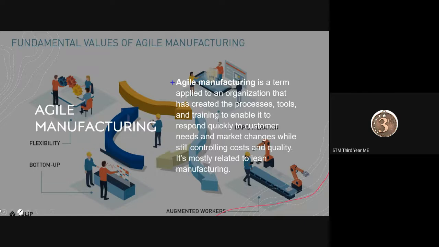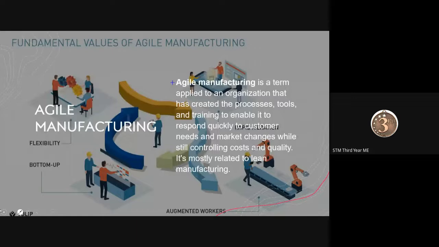So the customer will always be attracted to each and every gimmick that is coming, or each and every technological change that is coming into the market. And if it is not implemented in your product as fast as possible, then you will lose the customer demand. That is the main objective of agile manufacturing. So you must not lose the customer demand.